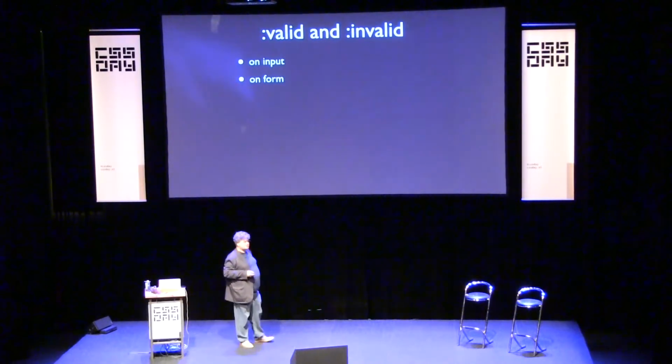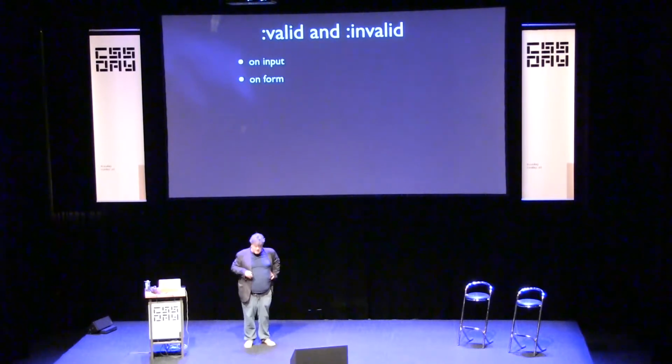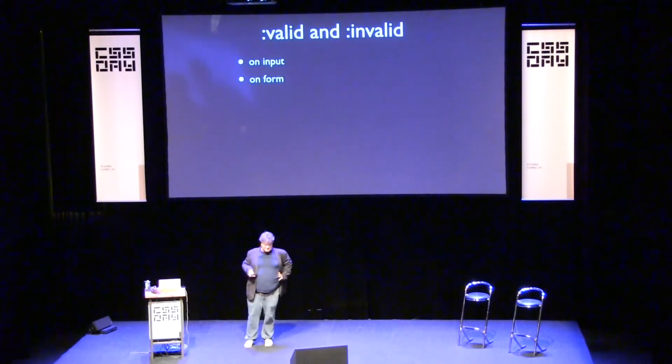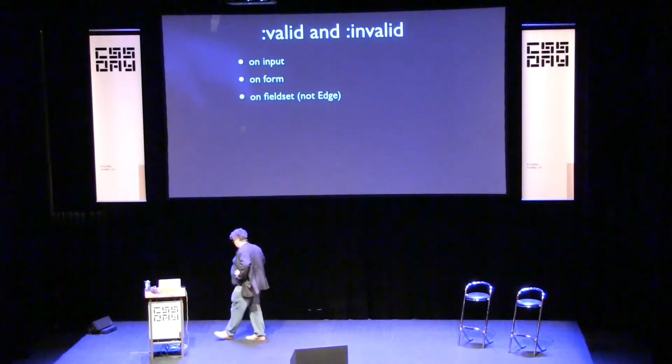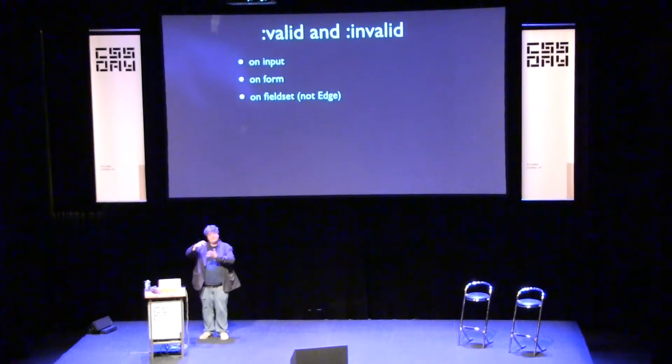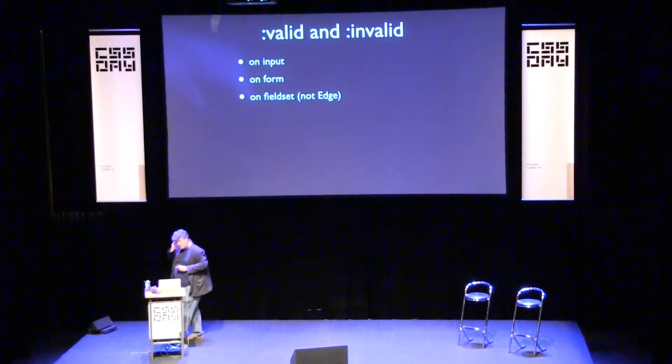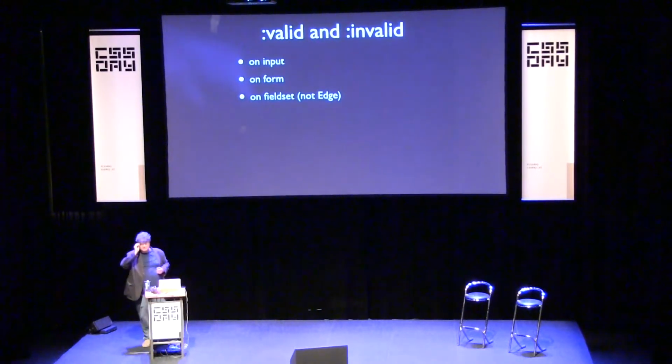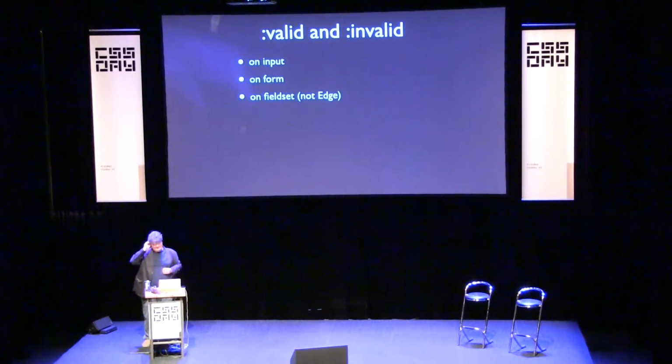I'm not totally sure if it's practical. The next one may be slightly more practical, because the same happens with field sets. A field set, right, which is meant to create a set of fields in the forms. And it turns out that valid and invalid are supported in field sets as well, except in Edge. So that's interesting.